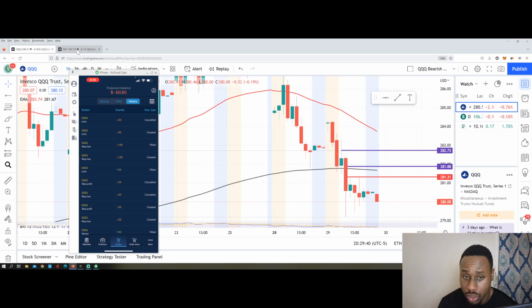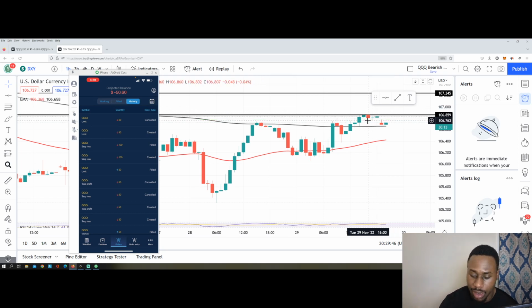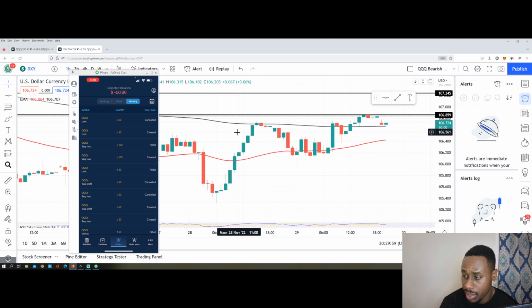I'm seeing you have some confluence if you really pay attention to the DXY, especially if it's moving very trendy. You might be able to trade it with more assurance, right? If you have a big green move on the DXY, there's a high possibility of the QQQ going down and you being able to trade that, instead of if it's in a range like this, where you definitely can't trade it.